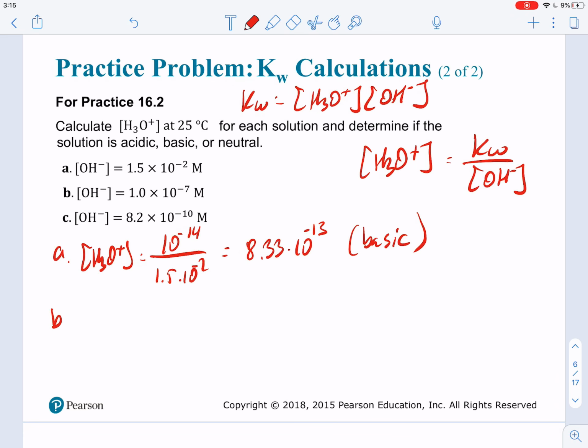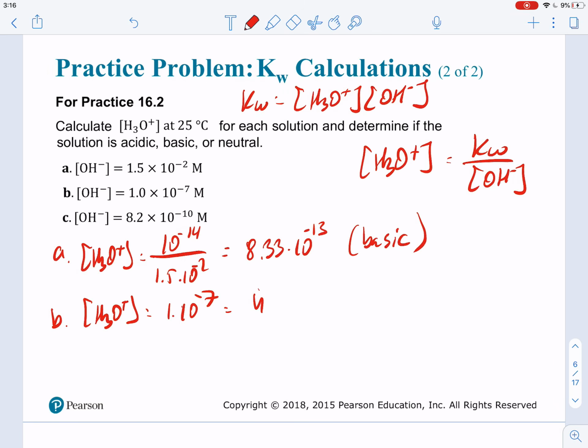And for B, H3O plus is equal to 1 times 10 to the negative 7, which means there is not much to do here, because the concentration of OH minus is also 10 to the negative 7.